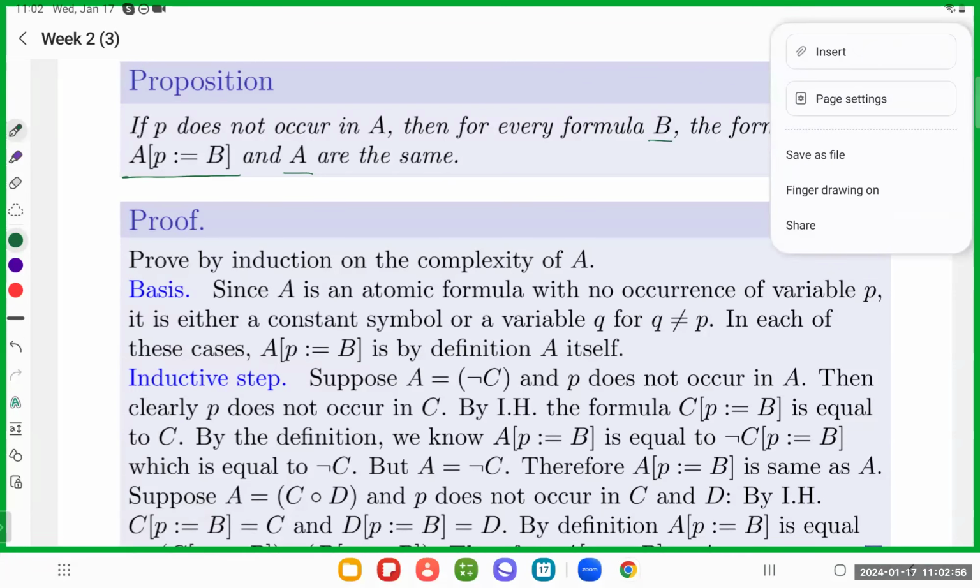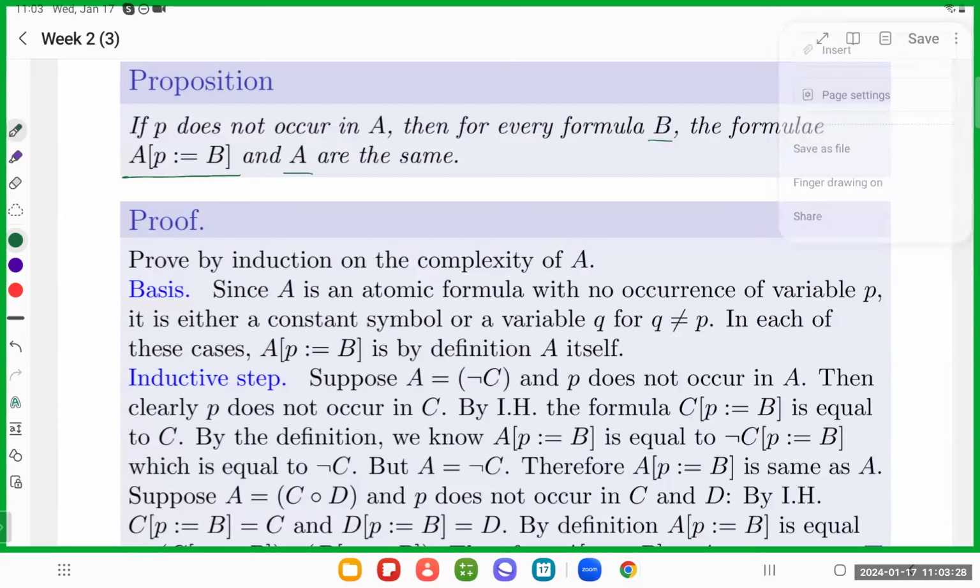So it should give me A by our intuition, by how we understand substitution. But how about the definition? Is the definition doing the same thing? The definition is doing the same thing as we expect. It's a literal substitution of P with B inside the formula A, but done properly in a mathematical way. So why is this true? Let's prove this by induction.